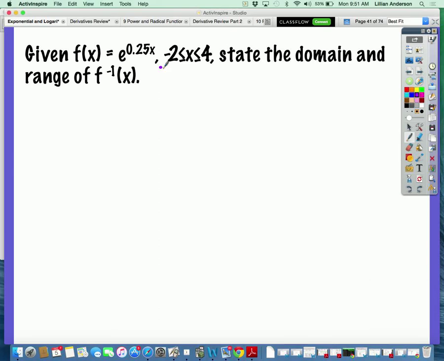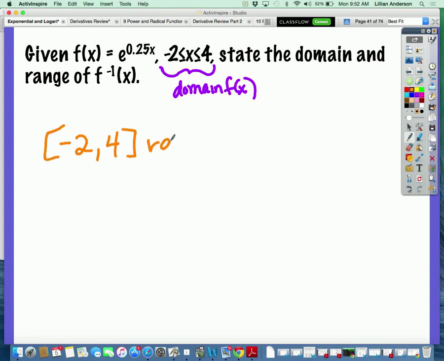So this represented the domain of f of x, which means that -2 to 4 would be your range of the inverse. Everything about inverse functions switches. The x and y switch, which means your domains and ranges also switch. So that's the domain of the original and the range of the inverse.